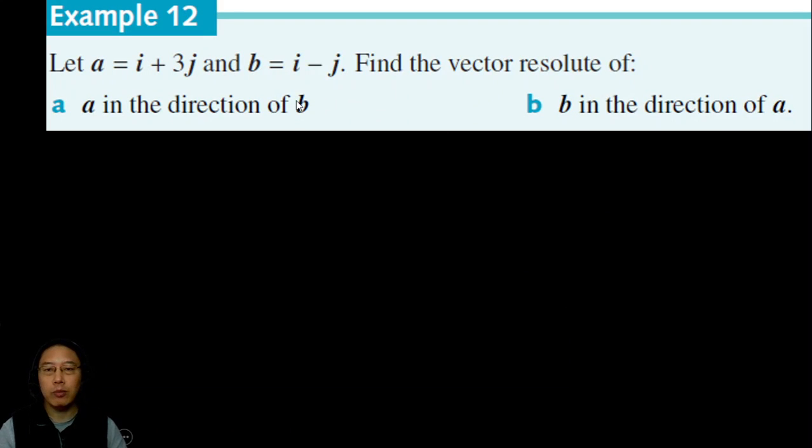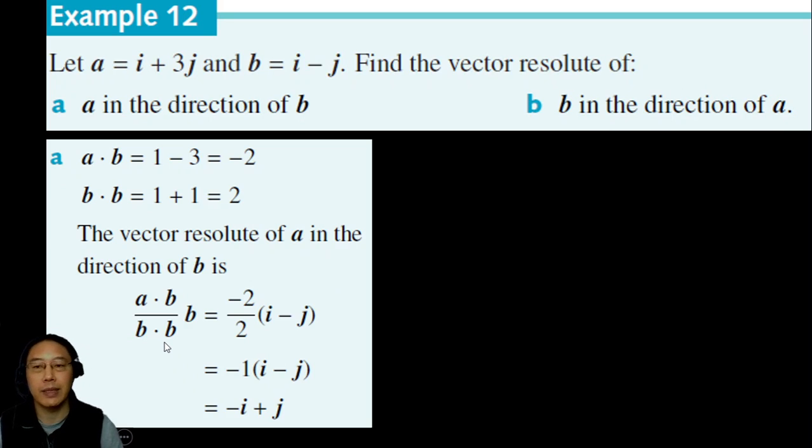First example, you have two vectors. You need to find the vector resolute of A in the direction of B, and vice versa. This is going to be the opposite. Now you need to find the vector B in the direction of A. So make sure you apply the correct formula. It's going to be in the direction of B, so that is your expression of the vector resolute.